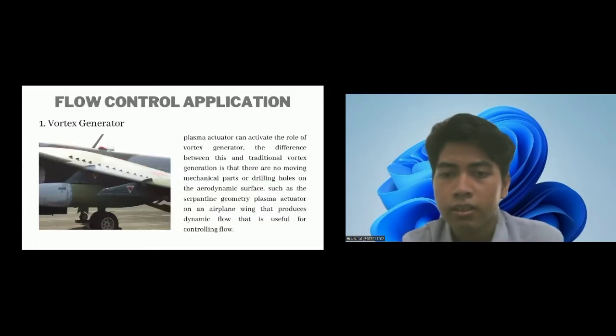Next, the topic is flow control application. The first flow control application is vortex generator. A plasma actuator can act in the role of a vortex generator. The difference between this and a traditional vortex generator is that there are no moving mechanical parts or drilled holes in the aerodynamic surface, such as the serpentine geometry plasma actuator on an airplane wing that produces dynamic flow that is useful for controlling flow.